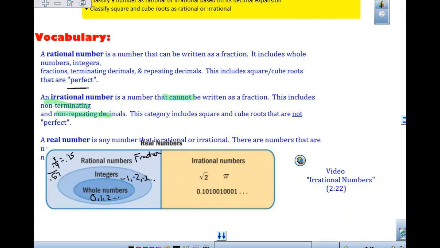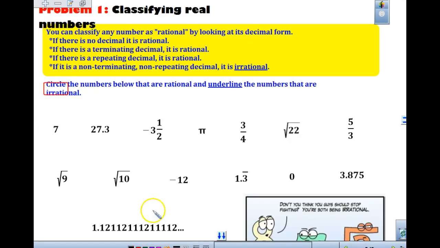So, when we look at our numbers, right now what you are asked to do is to classify yours. Circle the numbers below that are rational and underline the ones that are irrational. So, go through right now and do your circling, right? Circle rational. We are going to be underlining irrational.